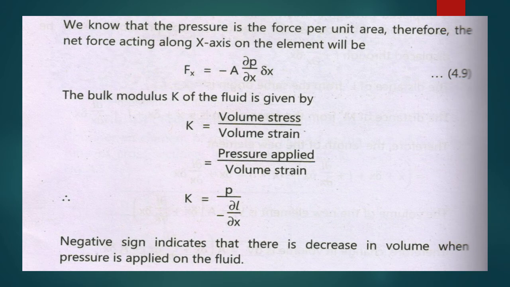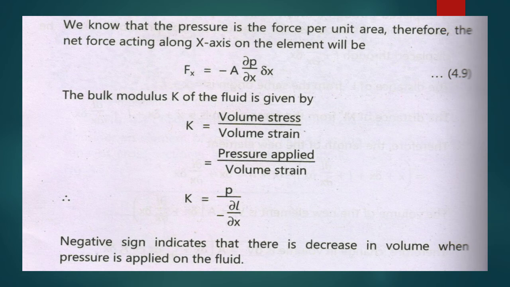Now we know that pressure is the force per unit area. Therefore, the net force acting along the x-axis on the element will be Fx equal to minus A ∂P/∂x into delta x. The bulk modulus K of the fluid is given by the ratio of volume stress to volume strain.